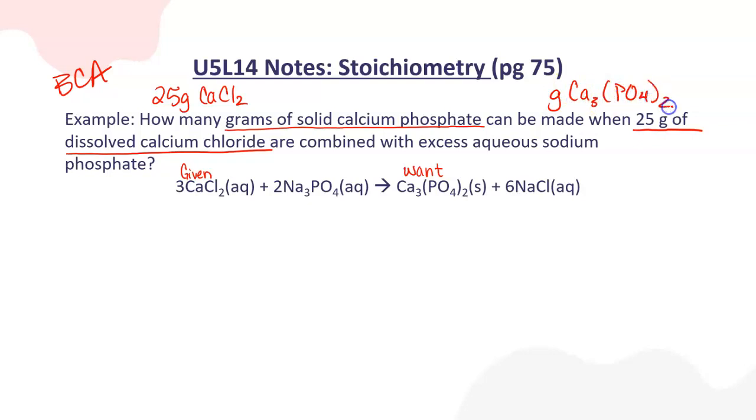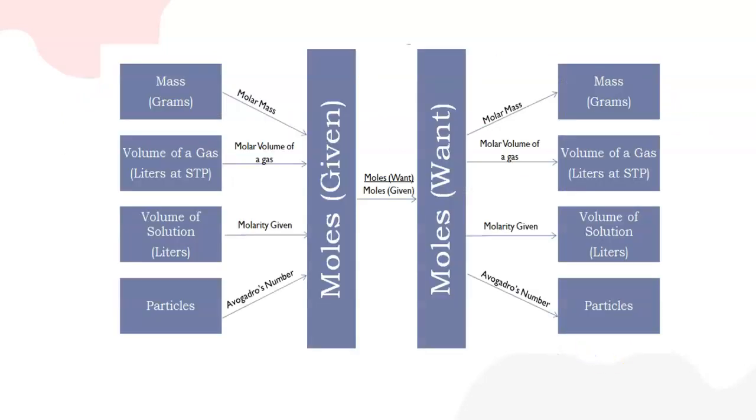phosphate. Okay, so then looking at our mole map, our stoichiometry map, we are given grams of calcium chloride, and we want to find grams of calcium phosphate. So this map connects our two destinations.